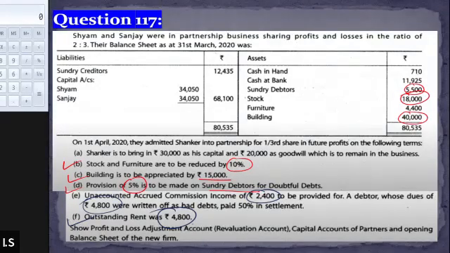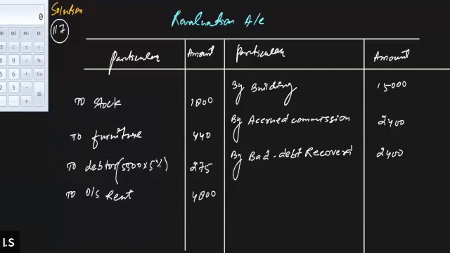Then I think every adjustment is dealt with. We have entered every adjustment in the revaluation account or the partners' capital account. Nothing else needs to be recorded in the revaluation account. So now we can finalize the revaluation account and find out the profit or loss. First, on the credit side, you can see 15,000, then accrued commission 2,400 plus 2,400 for the bad debt recovery.